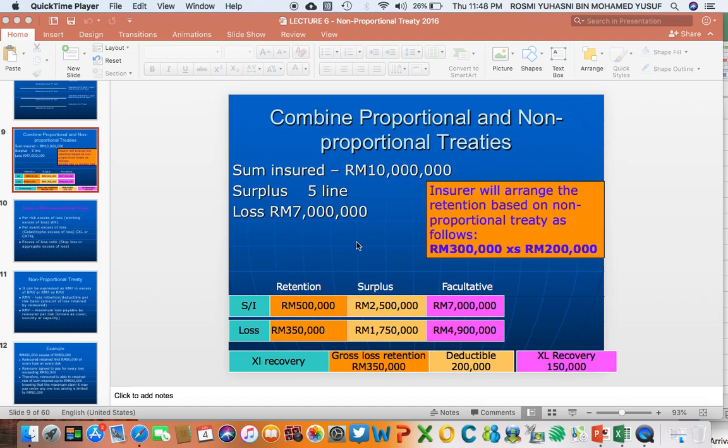For this risk, 10 million ringgit will be divided into insurer retention of 500,000, and then the balance is ceded to the surplus treaty for a maximum of 2.5 million, and there is still a balance of 7 million which goes to facultative. So you can see here that the insurer will arrange their non-proportional treaty based on their net retention of 500,000.